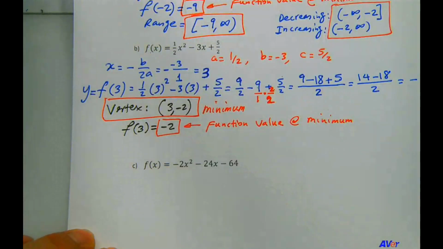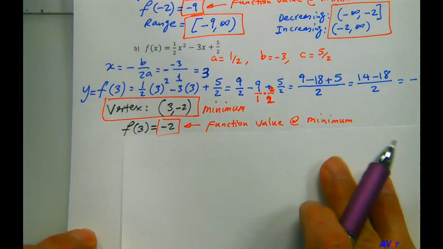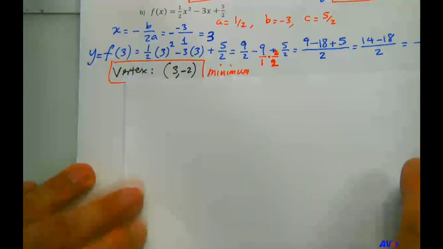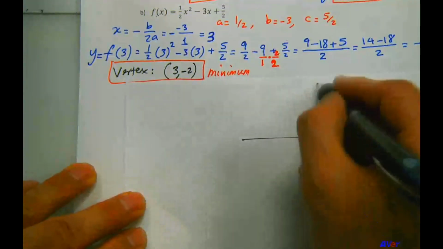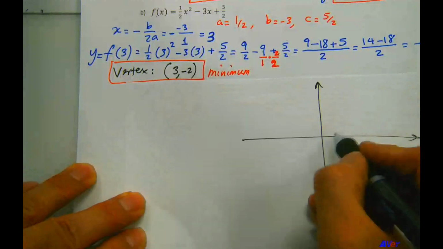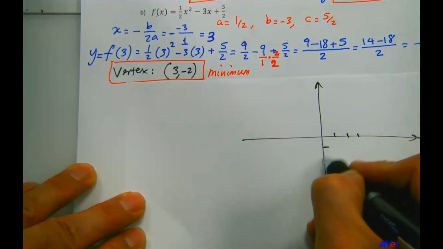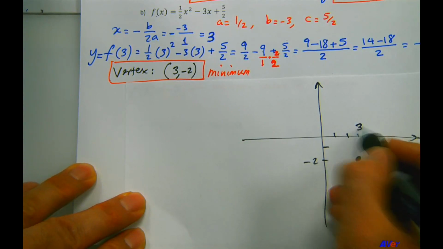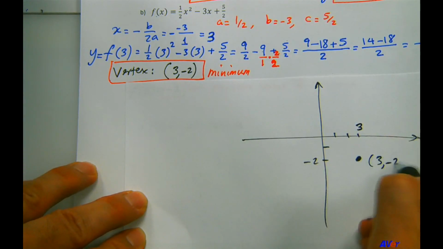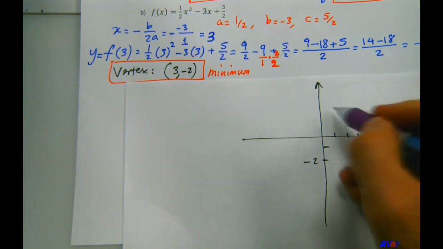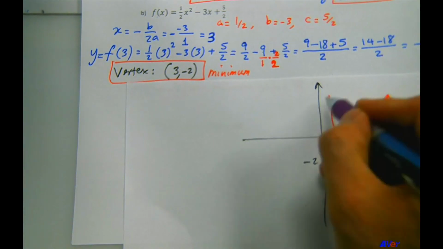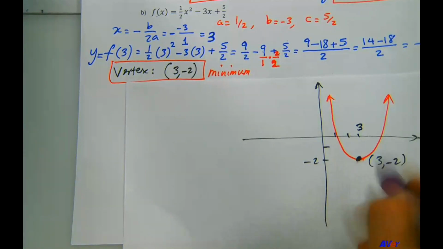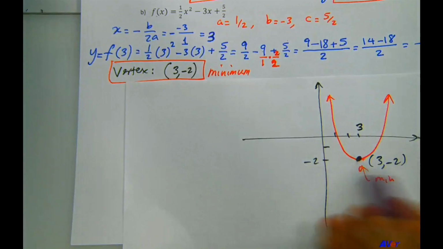So if we plot this really quickly, just trying to visualize what's going on here, we know that 3 comma negative 2 would be that point, right? This is 3, that's negative 2. 3 comma negative 2 is that point, and we know that the graph is going to open right side up, and it's going to have a minimum. We know that.